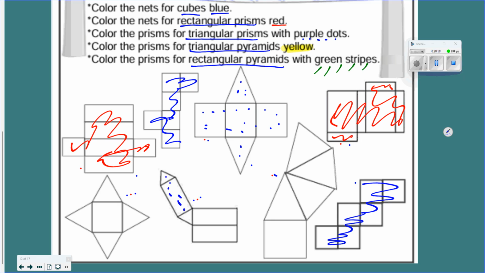All right. Put the dots on. Now there's this one. We have a triangular pyramid. Triangular pyramid.